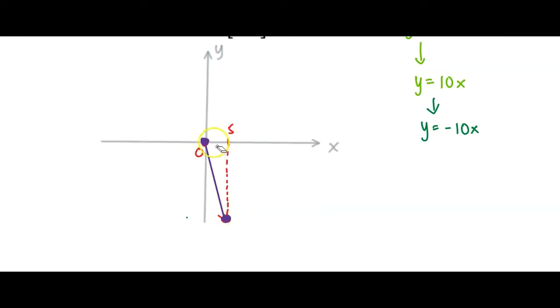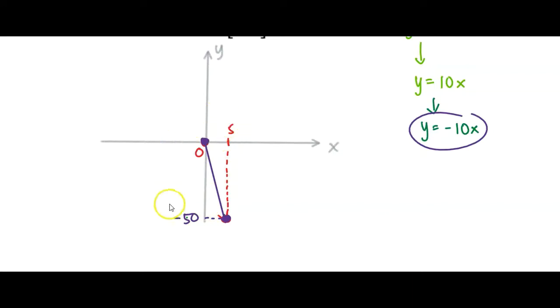So our graph ends up with x from 0 to 5, and the y value you need to find out. The corresponding y value when x equals 5, what is the y? Just substitute into the function, x equals 5, y equals -10 multiplied by 5, that is -50.